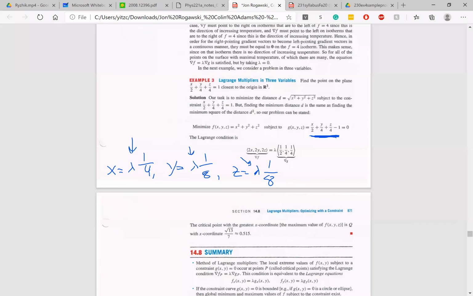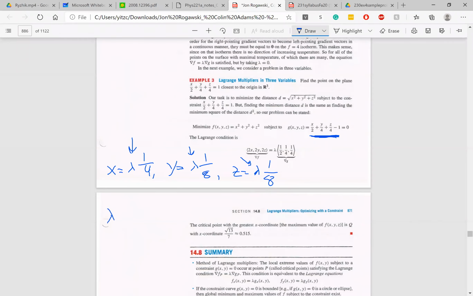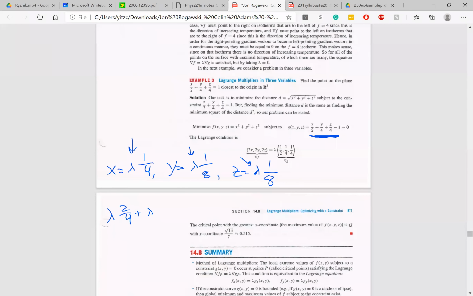So once you figure out what lambda is, plugging it into here, you're going to get lambda times 1/4 over 2. So it would be 2/4 plus lambda, and then you're going to have 1/8 over 4. So that's 4/8 plus lambda, again 4/8. And all this should be equal to 1.